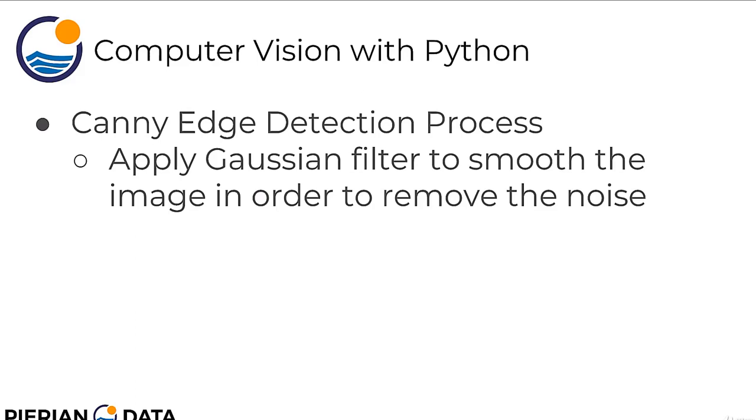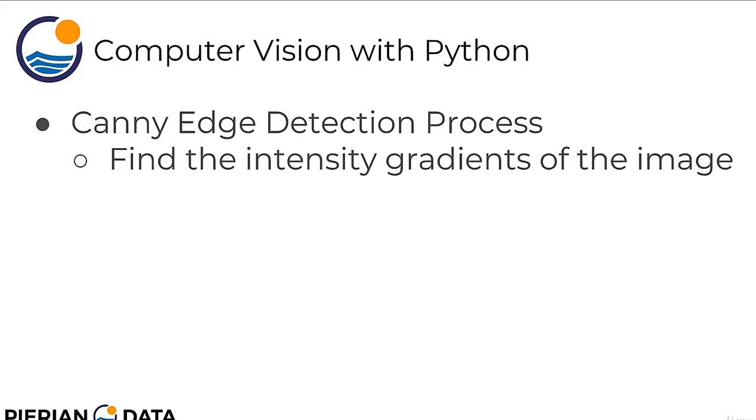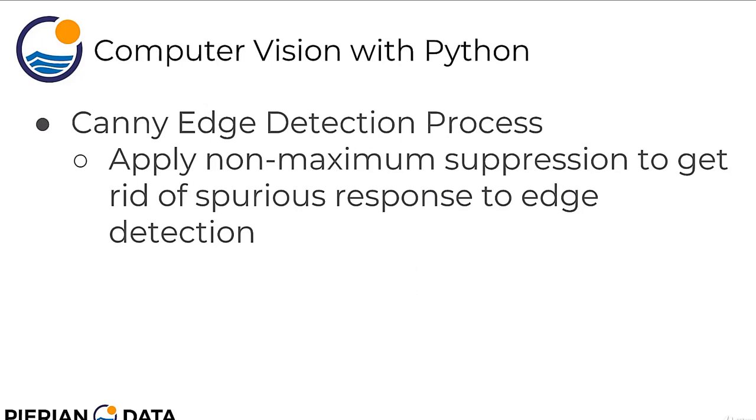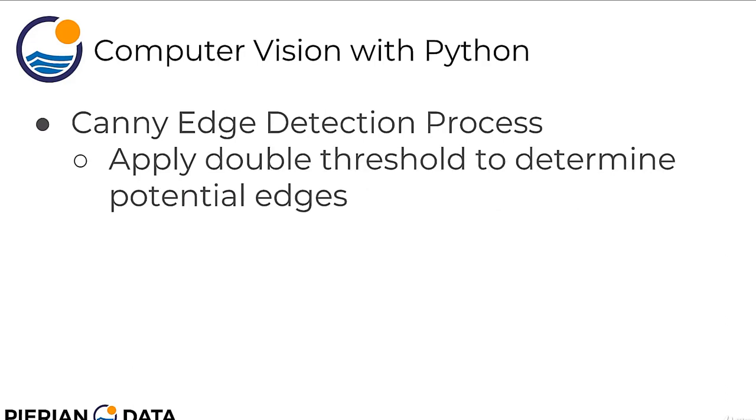So after you apply the Gaussian filter to smooth out the image, you find the intensity gradients of the image. Then the next step is the algorithm will apply non-maximum suppression to get rid of spurious response to edge detection. Then it's going to apply double threshold to determine potential edges.